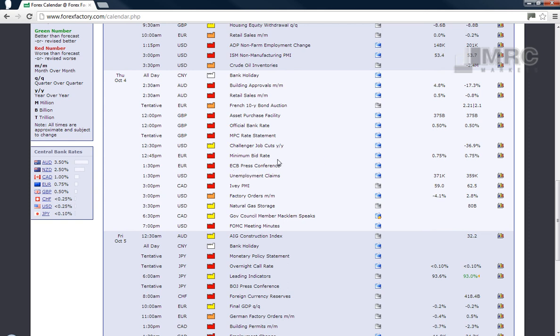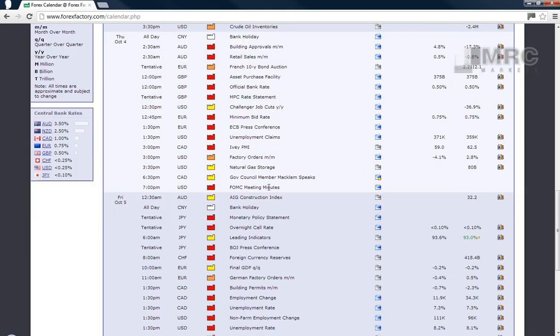So we have their minimum bid rate numbers come out, which is still expected to stay the same at 0.75%. And the ECB press conference, which follows that, what will Draghi be saying about interest rates. At 1:30 on Thursday, we have the weekly jobless claims, 371,000 from the previous 359,000. We have some Canadian data at 3 o'clock.